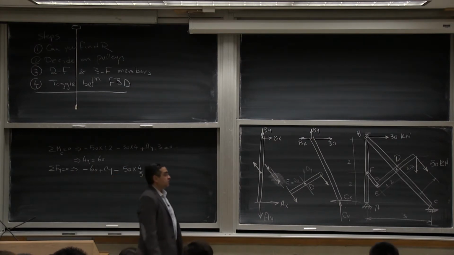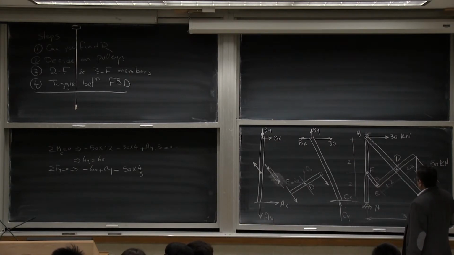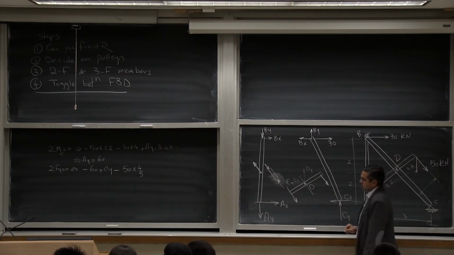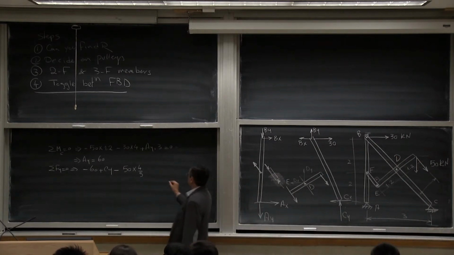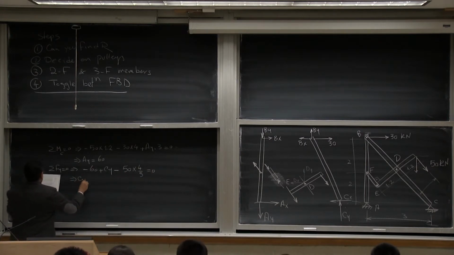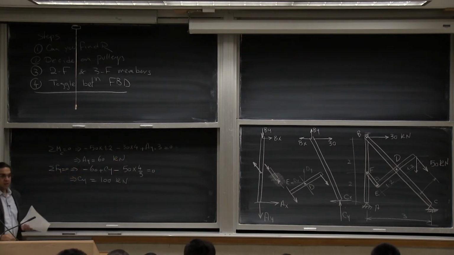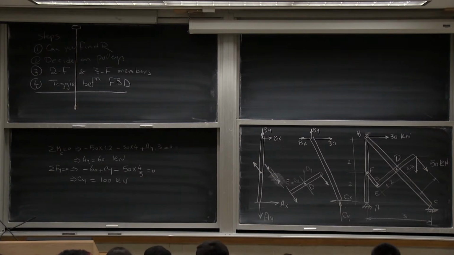Why 4 over 5? Because this is 4, this is 3, and this is 5. And so here, the cosine is 4 over 5 equals 0. That means CY will equal 100 kilonewton. So I found the reactions that I can find.